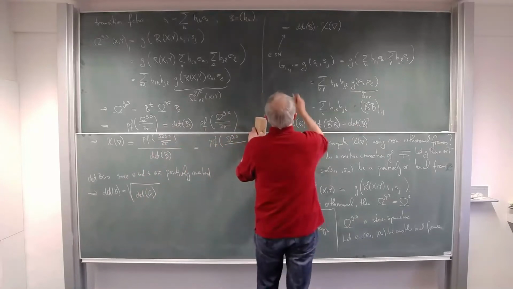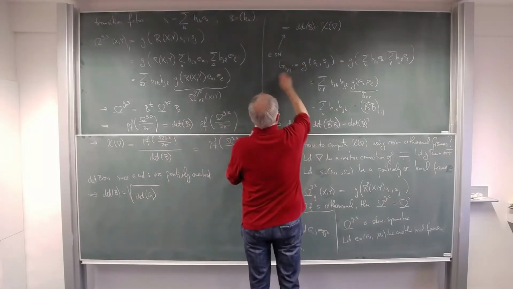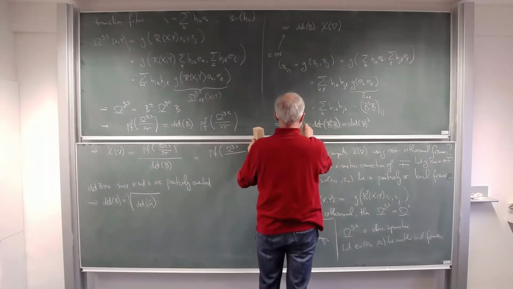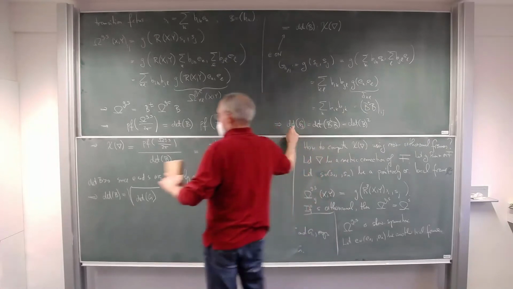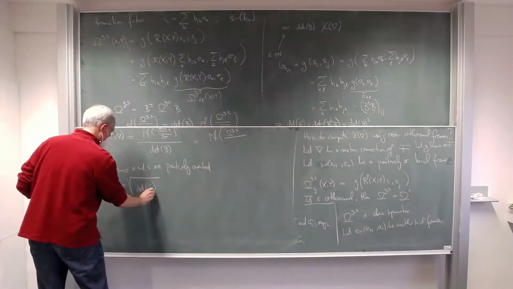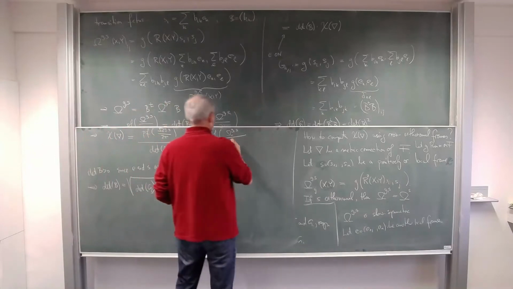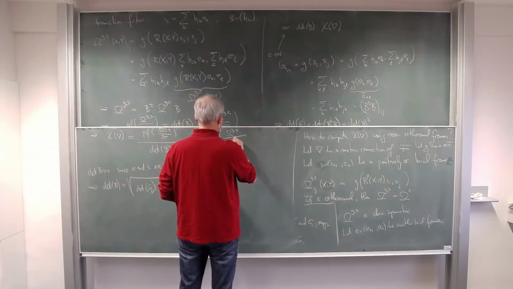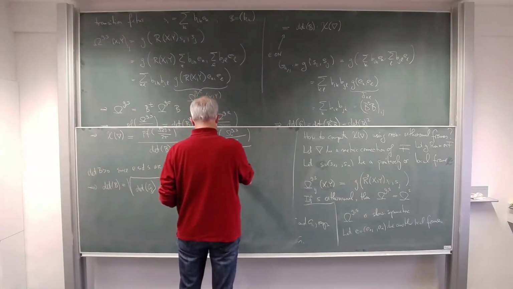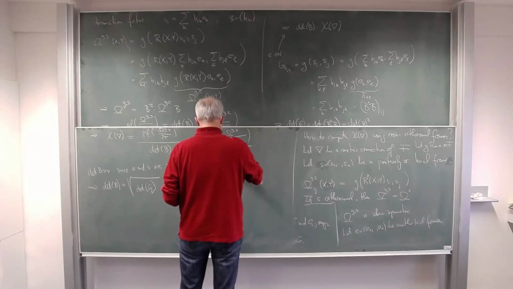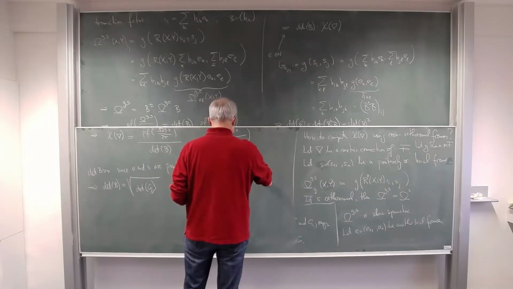Maybe to make the point, I should call this G_S because it depends on the frame S. And we have an S here, and also here. And this is to be divided by the square root of the determinant of G_S.